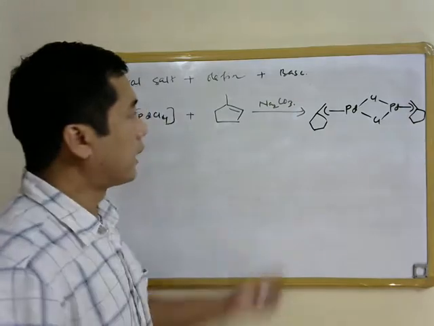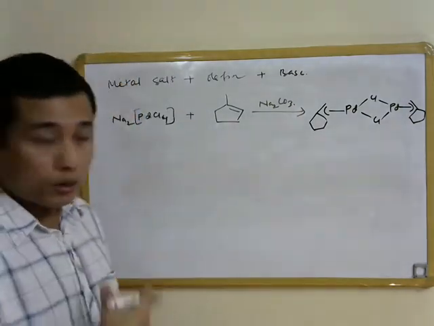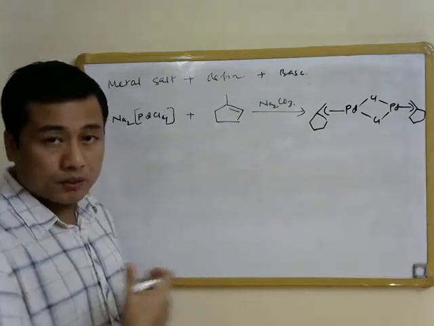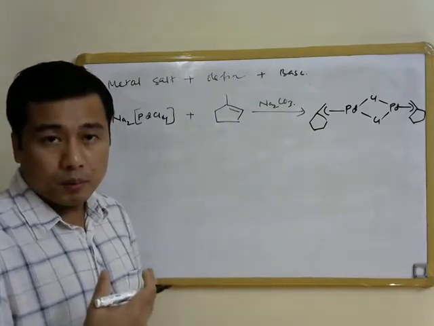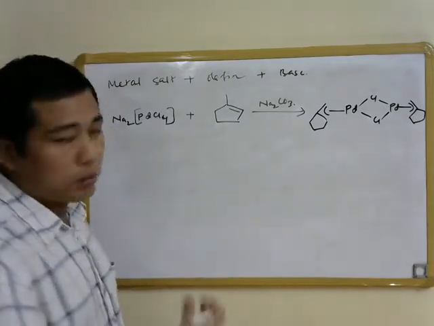So two allyl ligands are attached to the palladium metals. This reaction proceeds first by formation of a metal olefin complex, which then gets rearranged into a metal allyl complex.